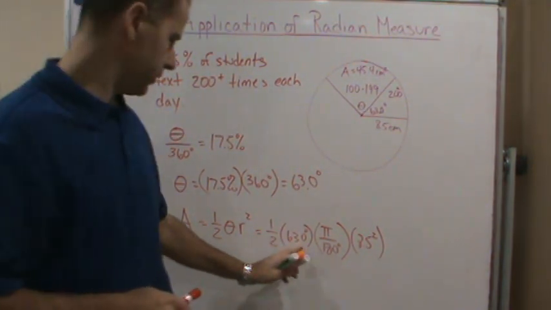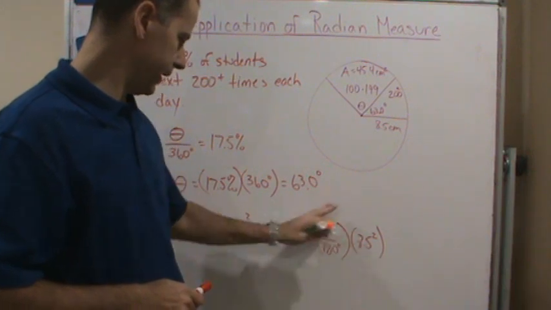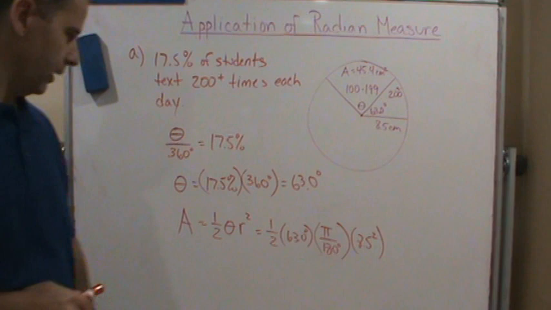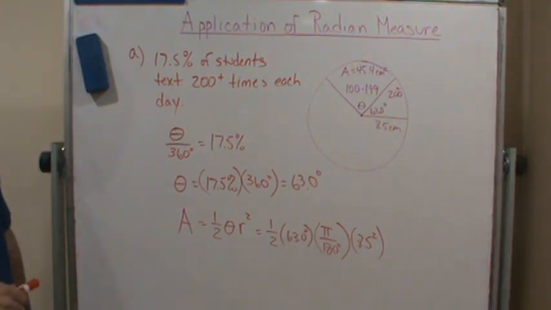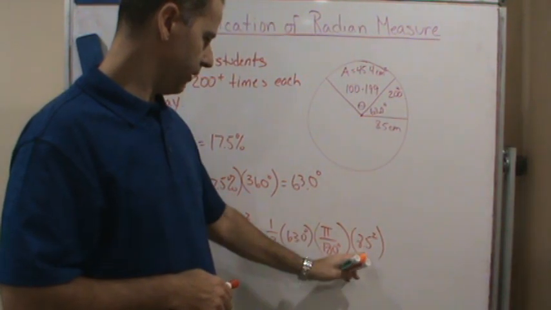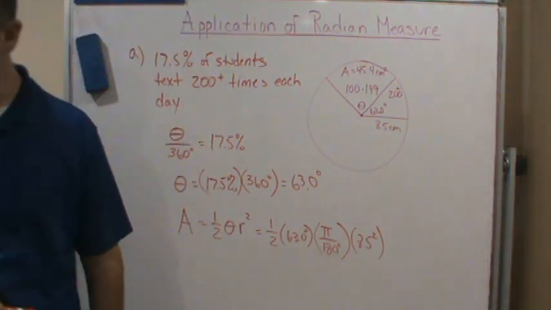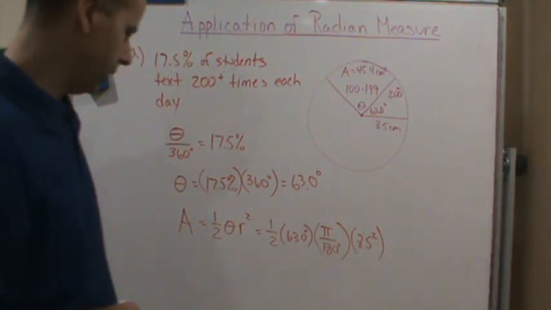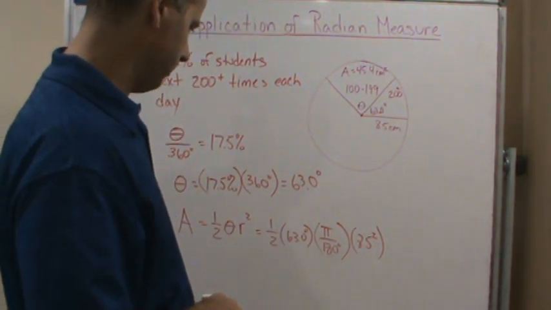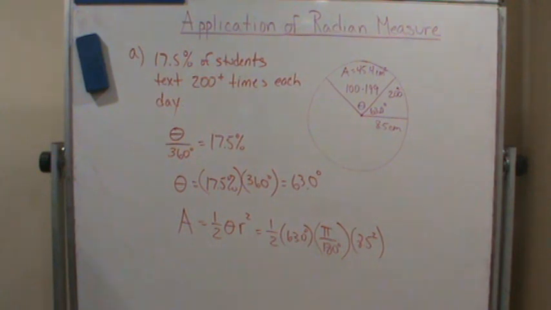The degrees cancel and we get radians, which is a unitless measure, and then we get centimeters squared. And 8.5 squared, that's 56.25. No, that's not right. That's 72.25. The rest we'll stick in our calculator.